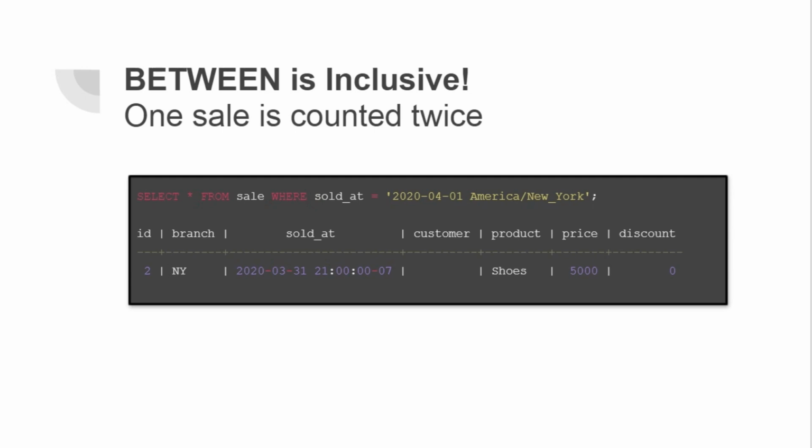And this sale was counted twice. So this is very, very dangerous. We counted the number of sales in 2 months, and we got 16 sales, where in fact there were only 15 sales. And the reason for that is that we used between, and between is inclusive. So one sale fell into two ranges.